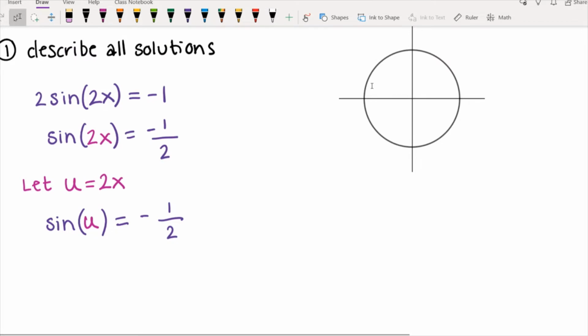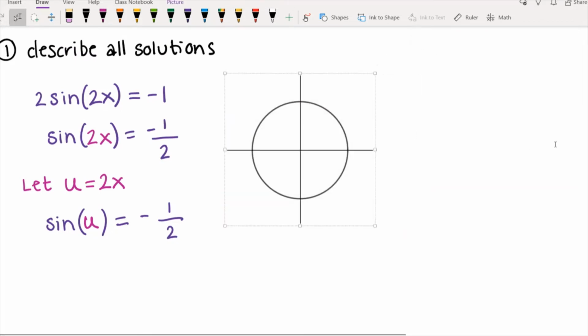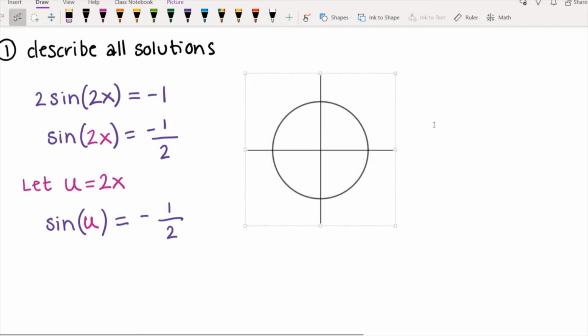So that's going to happen when we have angles where the y-coordinate is -1/2. So some angles where that would happen, one of them would be over here. So 7 pi over 6 would be one possible answer.